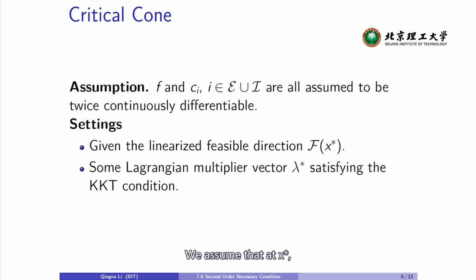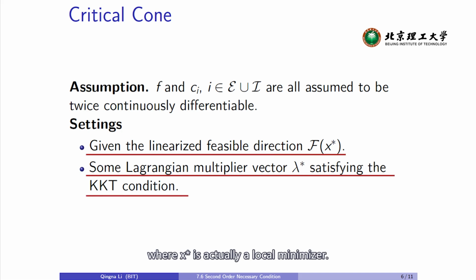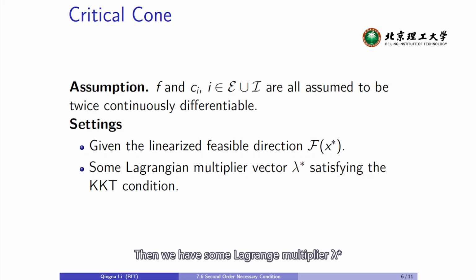We assume that x star is a local minimizer, and given the linearized feasible direction set F(x star), there is some Lagrange multiplier lambda satisfying the KKT conditions. In other words, when we talk about second-order information, we already assume that x star is a local minimizer and there is a corresponding Lagrange multiplier which satisfies the KKT conditions.